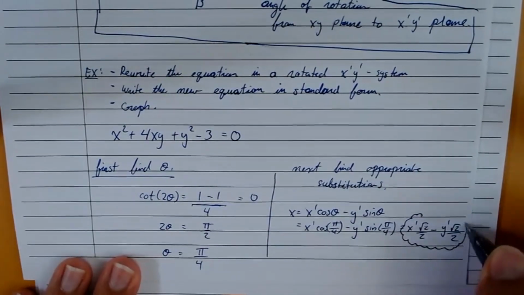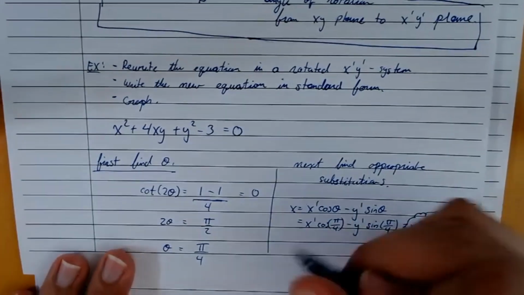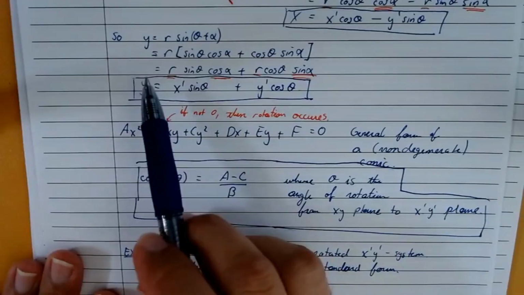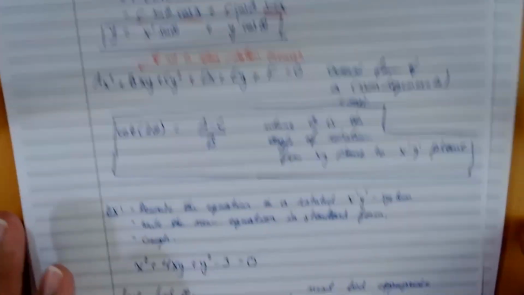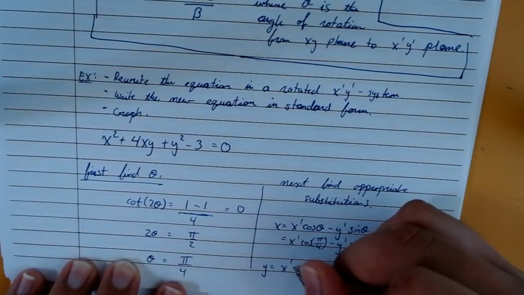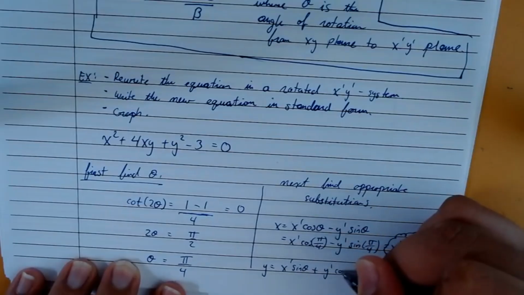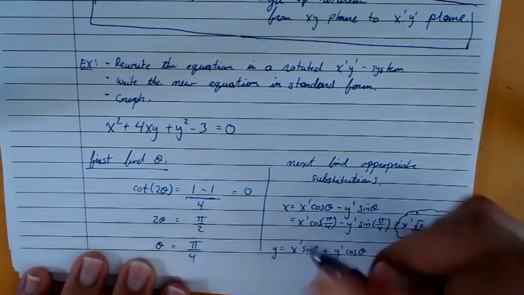Anywhere that we see an x in the original equation, we're going to plug in that expression. For y, we're going to do something similar. The substitution for y that we derived before was y is equal to x prime sine of theta plus y prime cosine of theta. But again, we know theta is pi over 4, so plug that in.